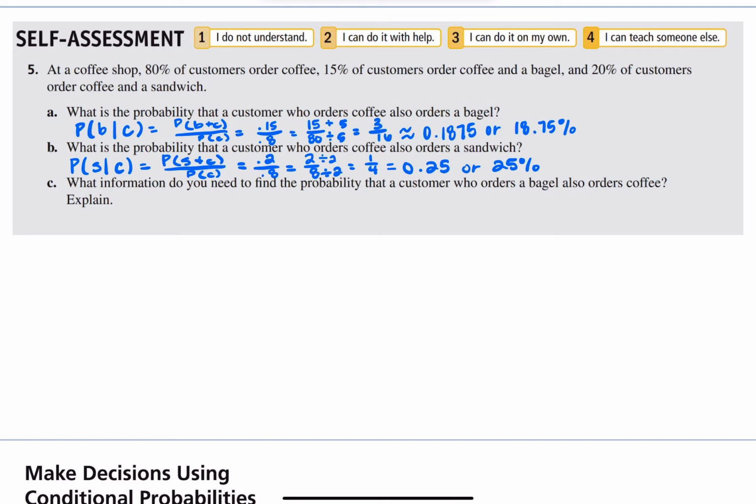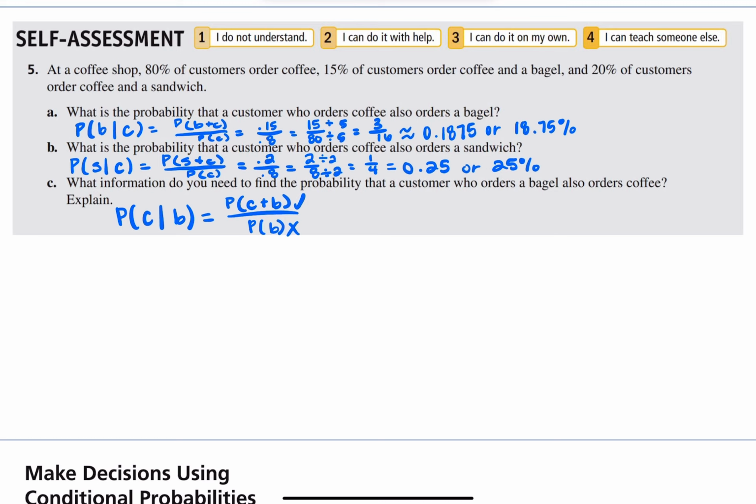All right, and then finally part C, what information do you need to find the probability that a customer who orders a bagel also orders a coffee? So this would be the probability that they order a coffee given they order a bagel, which we would need to know coffee and bagel over bagel. Well, we have coffee and bagel, but we don't have just bagel.